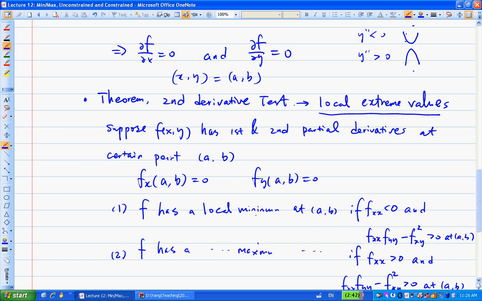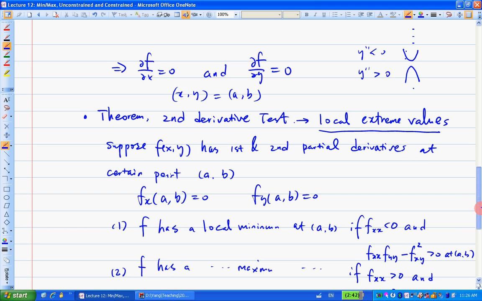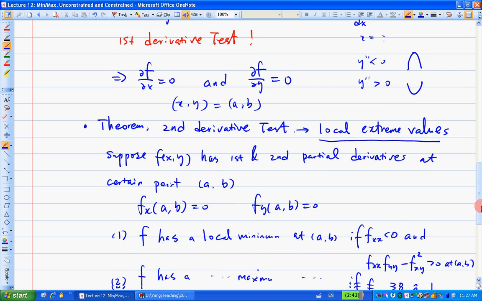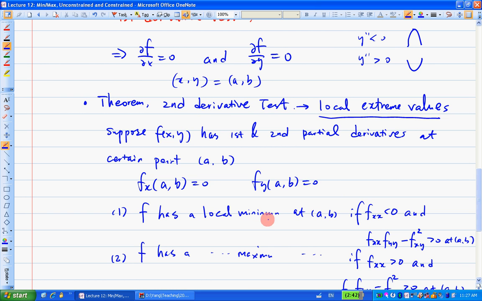Is my logic okay? I made a mistake? Where? In the book it says it's just the opposite. The other way around. Come again? For a local minimum, fx should be more than 0. You mean greater than 0?